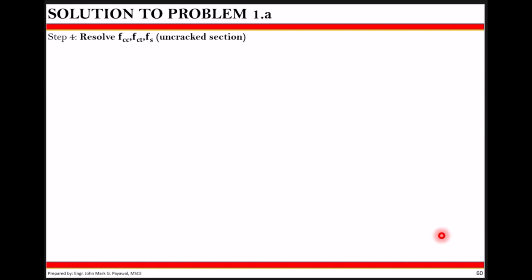Now that we know those values, we can now compute for fcc, fct, and fs. Bakit? Because this is an uncracked section. For an uncracked section, there is stress in concrete due to compression, there is stress in concrete due to tension, and there is stress in your steel.